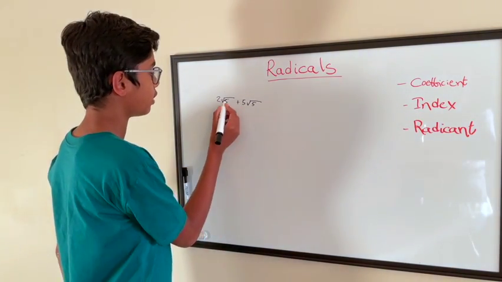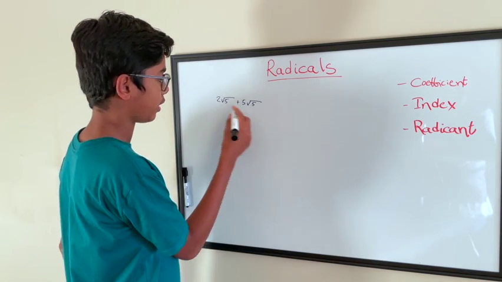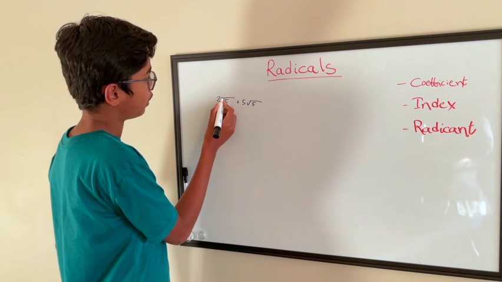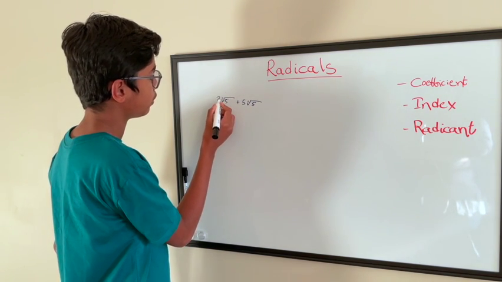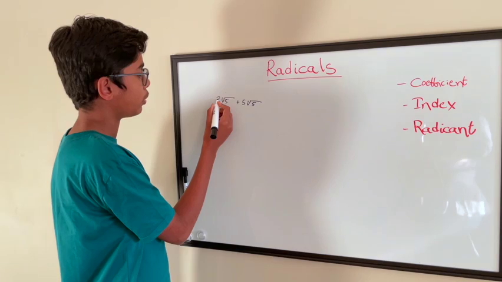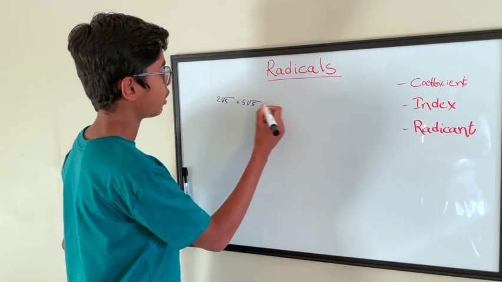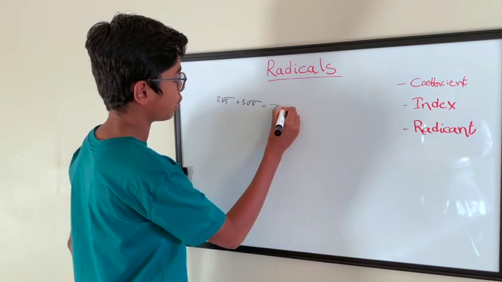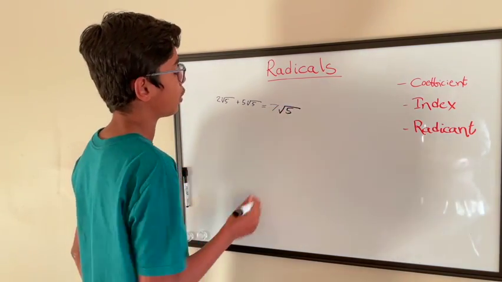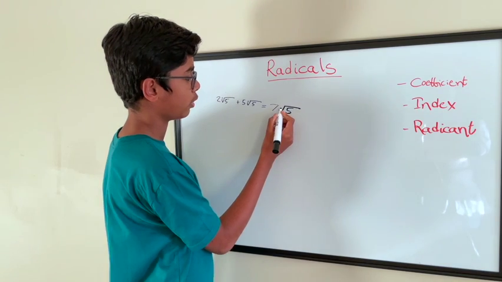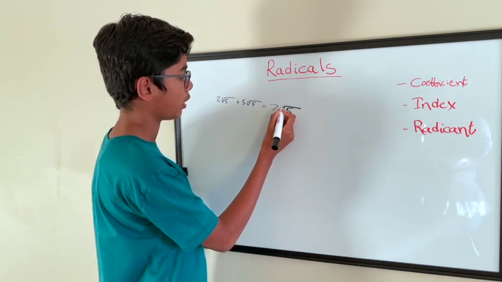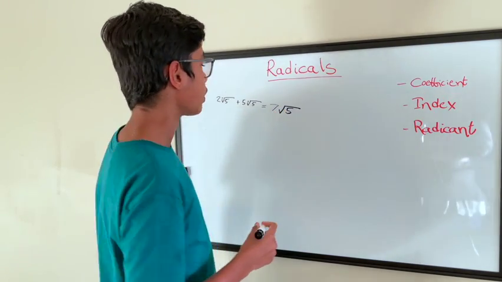Since these two have the same radicand and the same index, which is, we can write 2 here, as in this is a square root, we just need to add the coefficients. So it's basically simple addition. 7 square root of 5. Whenever you're writing square roots, you don't have to write that 2. But if you're doing cube roots or fourth roots, you always have to write those numbers.